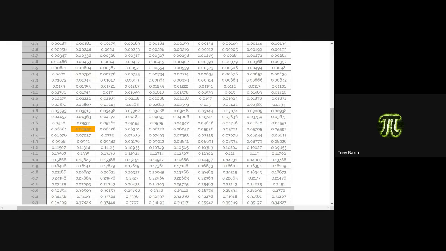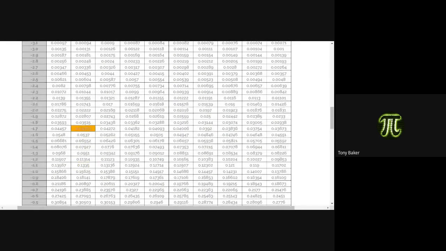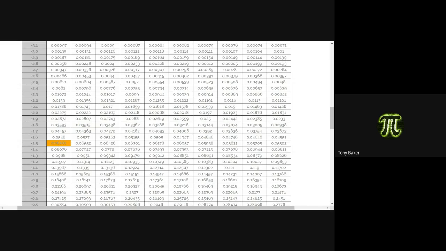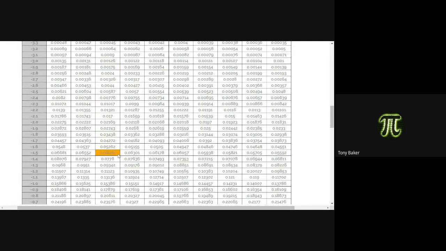Because you'll see in 1 second. So negative 1.5, and then you're going to go over to the 2 column. So negative 1.52, you're going over to that third column because it's 0, 1, 2 for the last digit. And you should get 0.06426. The 0.02. Yes.